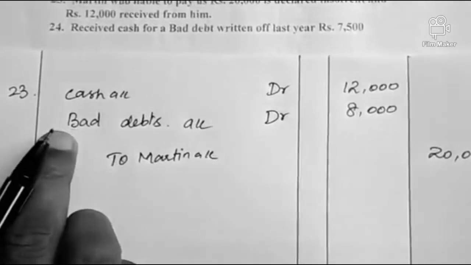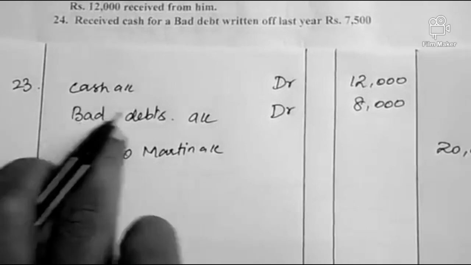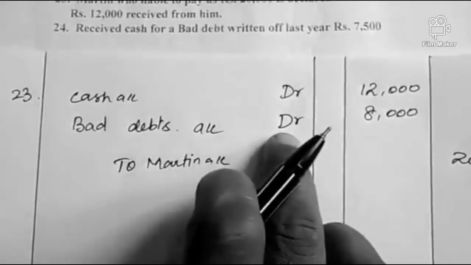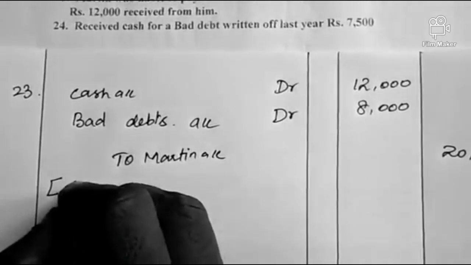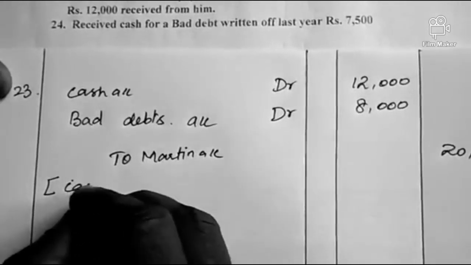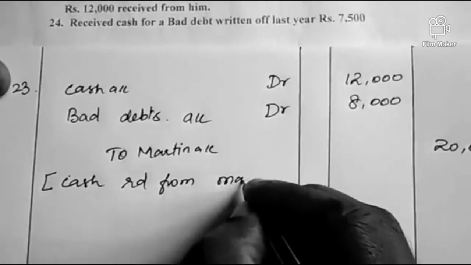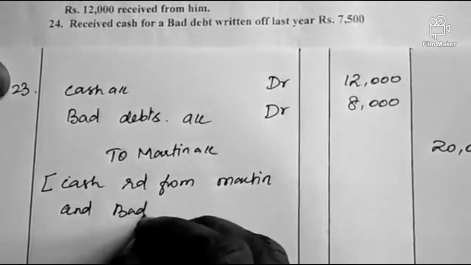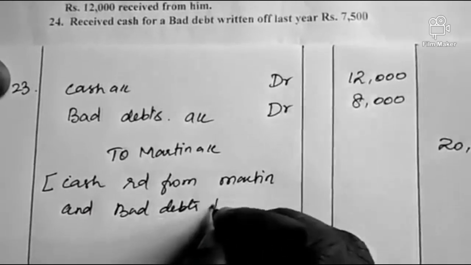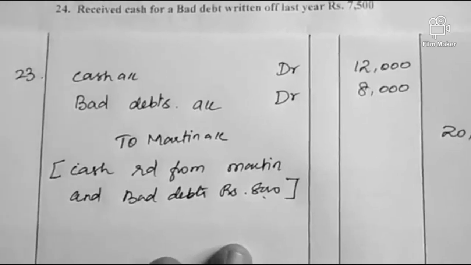Bad debts is a loss, no? So the nominal account rule is debit all expenses and losses. So debit 8,000. Narration: cash received from Martin and bad debts rupees 8,000. Okay, you have written the narration.